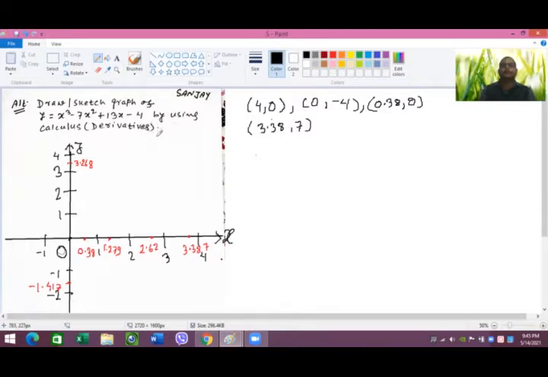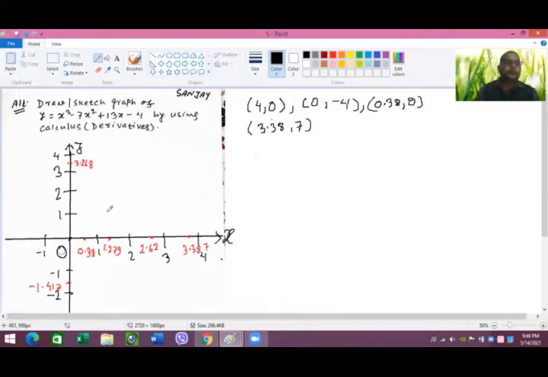Alternatively, we can draw or sketch the graph of y = x cube minus 7x squared plus 13x minus 4, the same polynomial I'm talking of, by using calculus, that is derivatives of maxima and minima. If you use maxima and minima, our work will be easier than finding the maximum and minimum point on the curve.